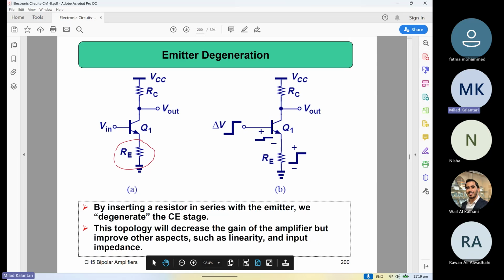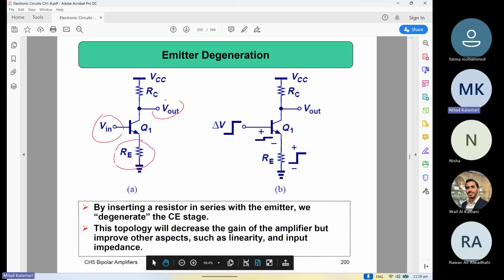So why do we put this RE here? Do you have any idea? Let's say we want to make an amplifier, right? The input is the base, the output is the collector, but we put this resistor at the emitter side.